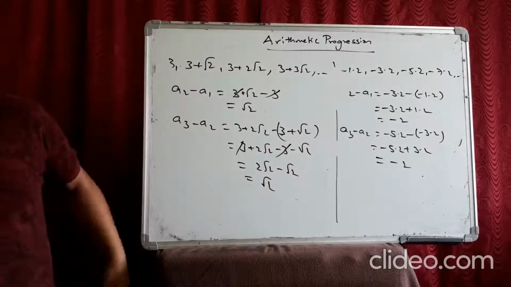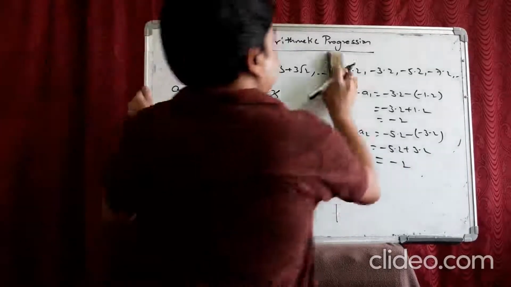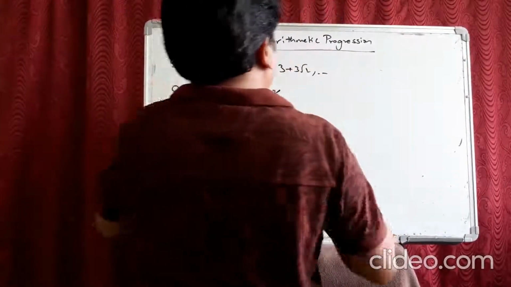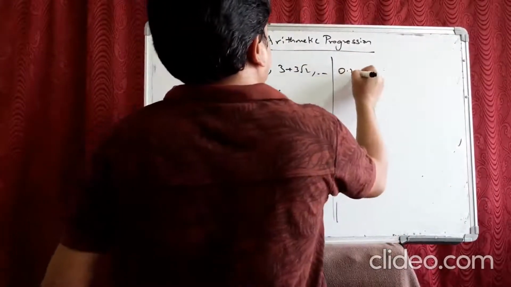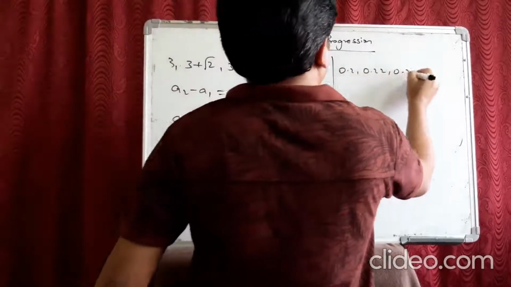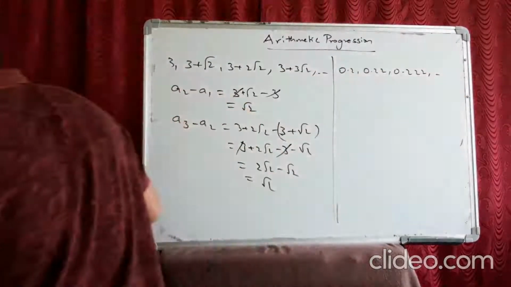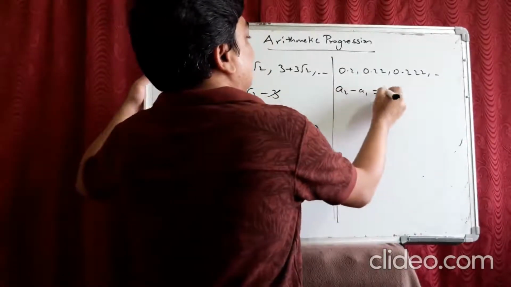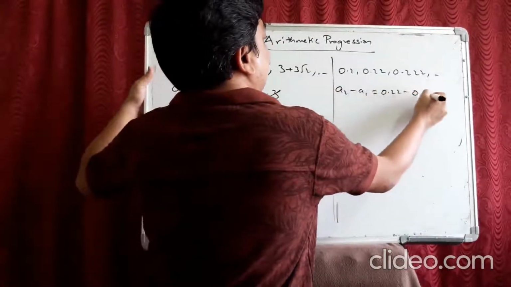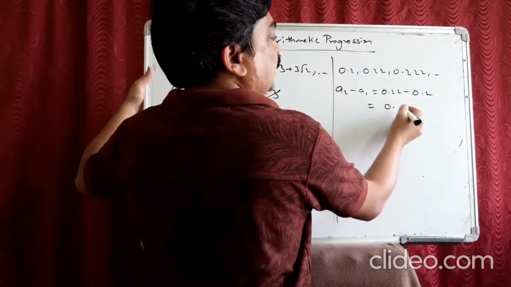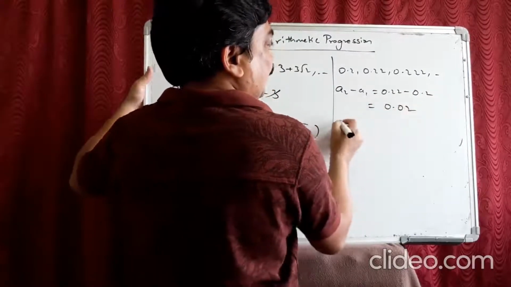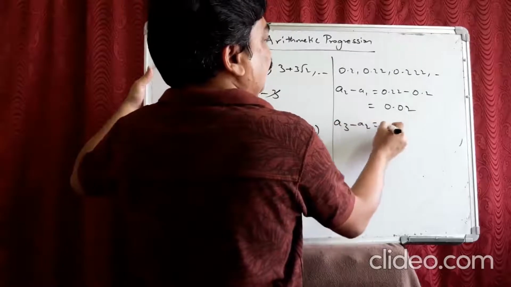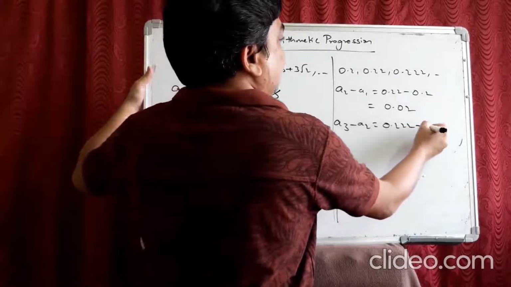The other one, the decimals one, we do now. 0.2, 0.22, 0.222, and so on. Let us take A2 minus A1: 0.22 minus 0.2 becomes 0.02. A3 minus A2: 0.222 minus 0.22.